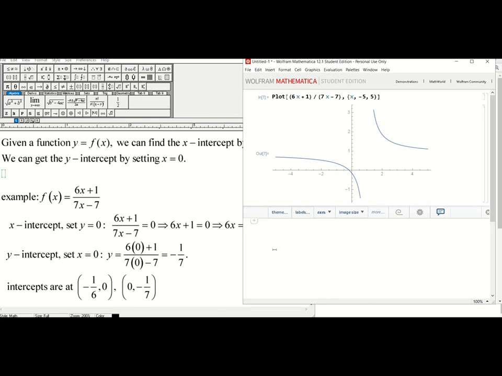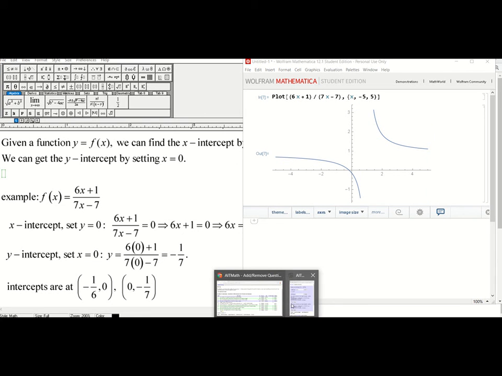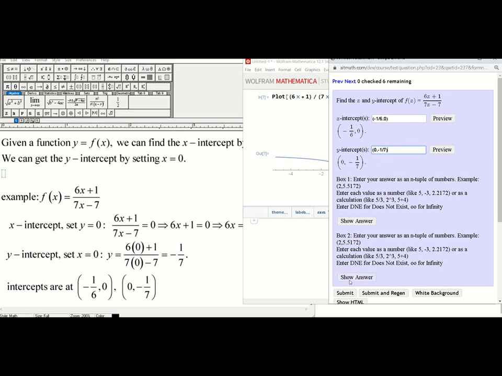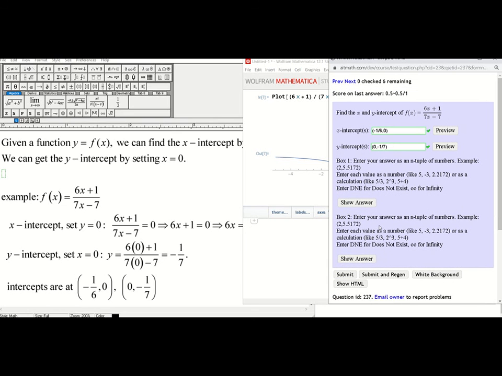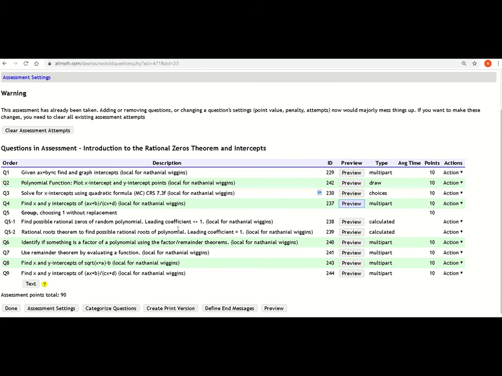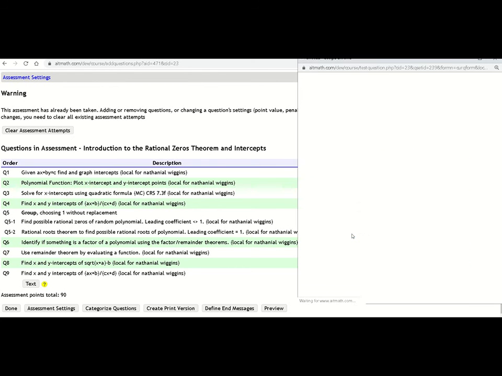So if we put this into our system here, the y-intercept is going to be 0 and negative 1/7. With any luck, it should submit correctly. So that's going to be the goal of this section, to go through and try to get these intercepts. Okay? Let's do one more.